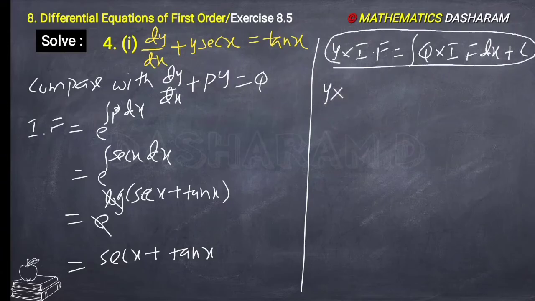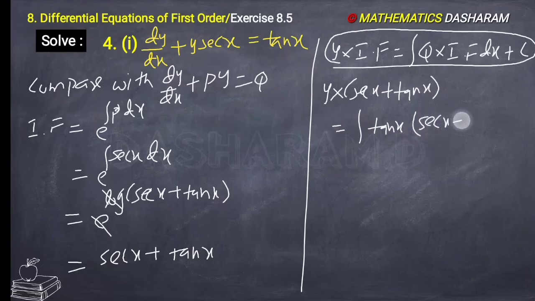So y into the integrating factor, sec x plus tan x, equals the integration of q value tan x and the integrating factor sec x plus tan x dx plus c.